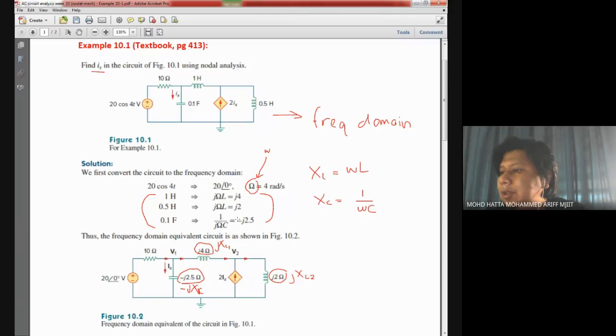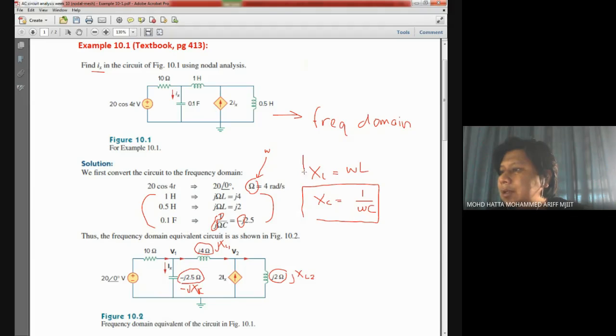It happens because this negative is due to 1 over j over here. So we write it in numerator form, so it becomes negative jXC. And XC is given only by this equation.